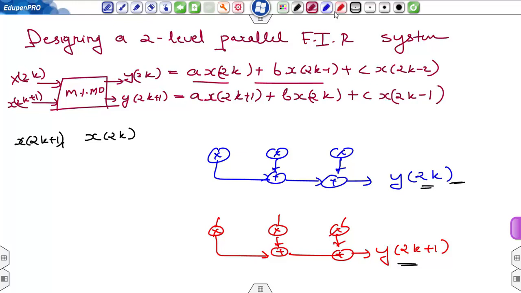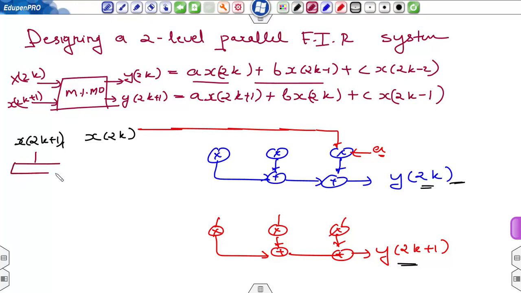Okay, so first implementing this filter. Okay, so this is a into x of 2k. I have 2k at this point, so I can connect this 2k to this multiplier, and the second input will be a. Next is x of 2k minus 1. Okay, so this 2k minus 1 can be generated by using a delay element at this point.